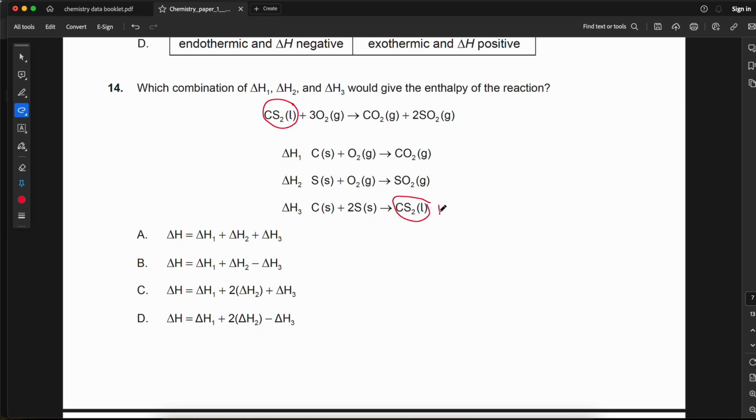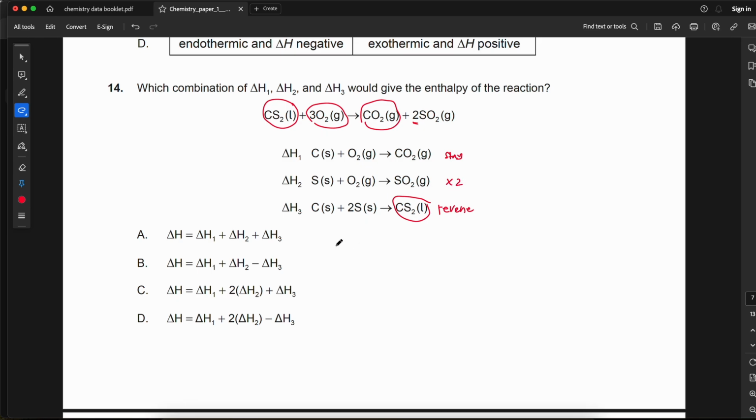So definitely we need to reverse. And 3O2, if you're not really sure, just leave it first. Let's see CO2. CO2 is on the right side, so this one stays. 2SO2 is on the right side. This one is on the right side as well. But the coefficient here is 2 and here is 1. Therefore, we need to multiply by 2.